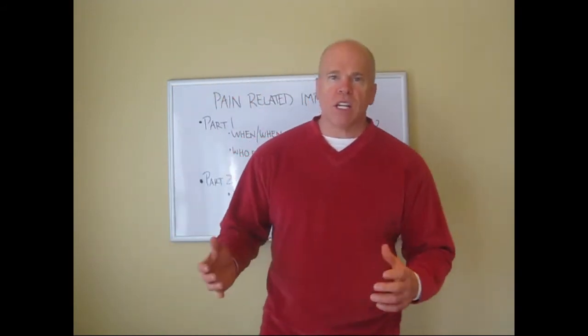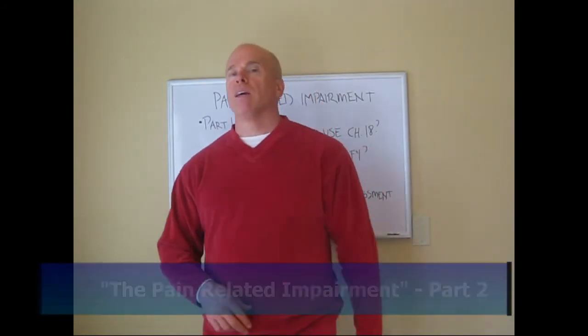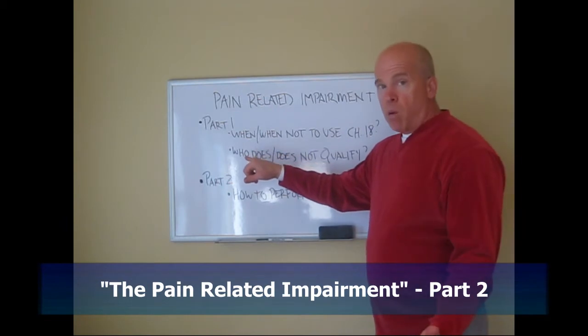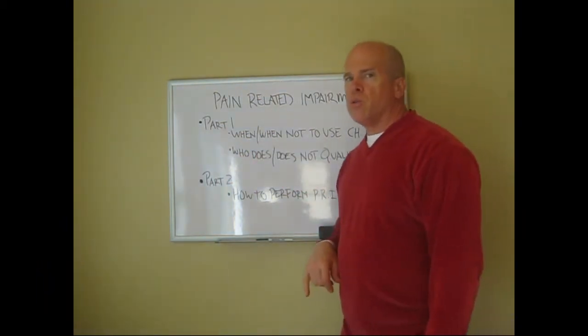Okay, so let's get into the topic of today's presentation. This is part 2 of our 2-part series on pain-related impairment. In part 1, we talked about when and when not to use the AMA Guides Chapter 18 for the provision of additional permanent impairment related to pain.